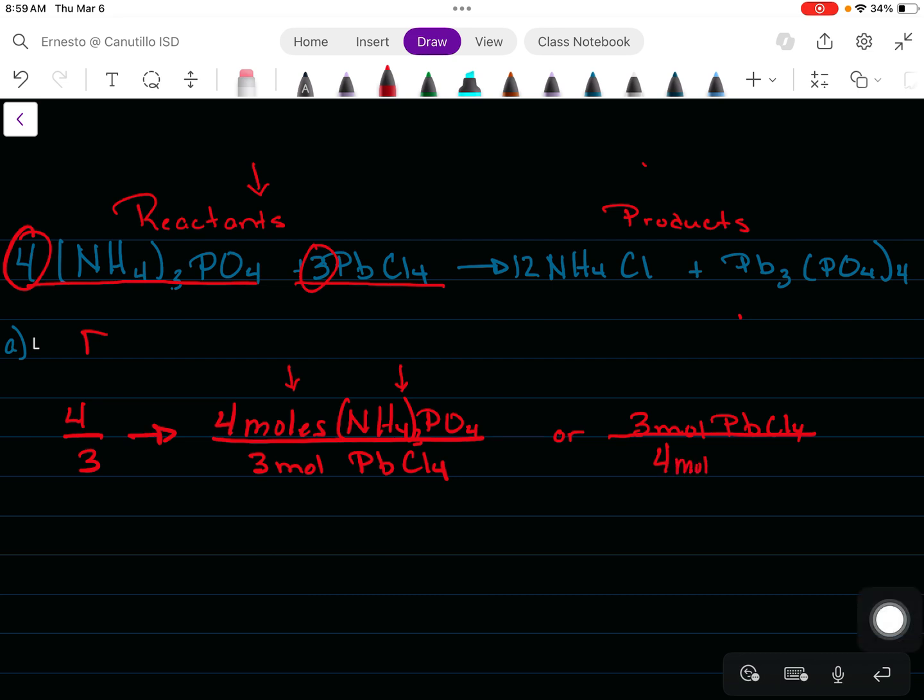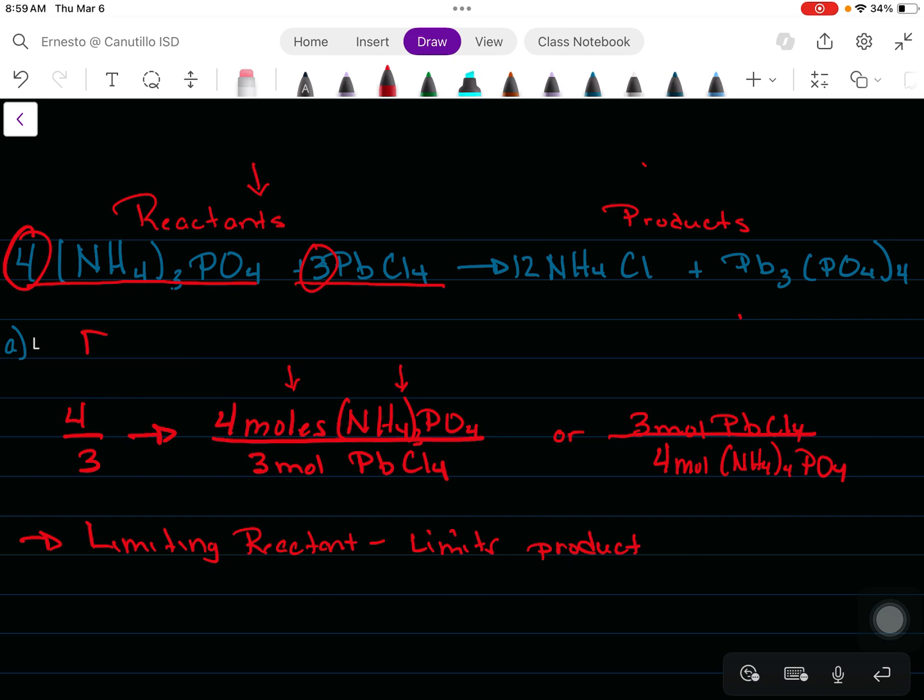We're doing this because we're trying to calculate which one of the reactants is going to be consumed first. What we're looking for in this case is the limiting reactant. Remember that the limiting reactant is the reactant that limits the amount of product because it's the one that runs out. So because it limits the product, it's called the limiting reactant.